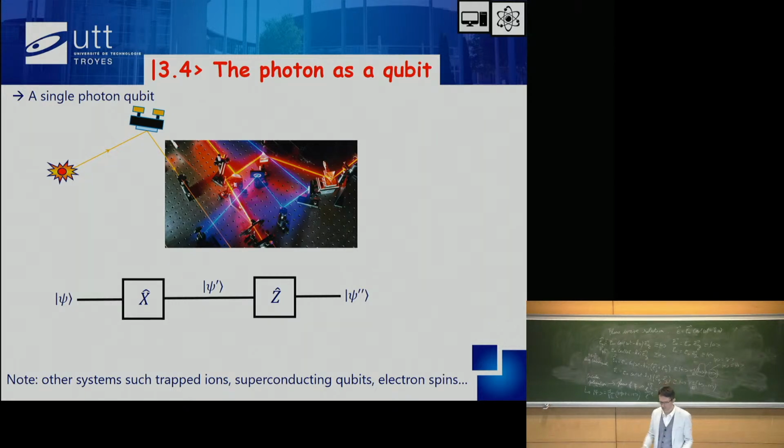Because here, what I'm about to show you, what I've been showing you with light, you cannot apply the same things with electron spins, because it's not the same physical reality. A spin of an electron is not a photon of light. So you need different physics, different experiments, different measurements, different settings, and so on, and different problems.